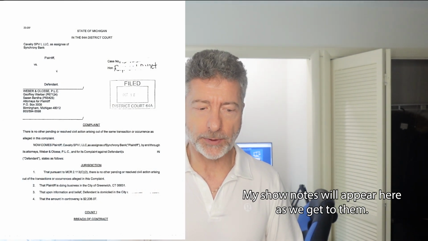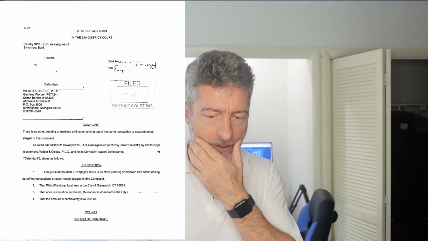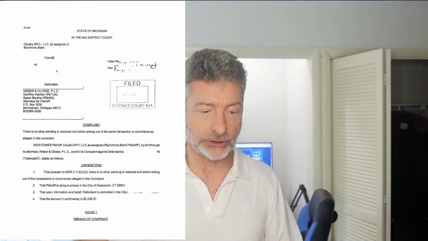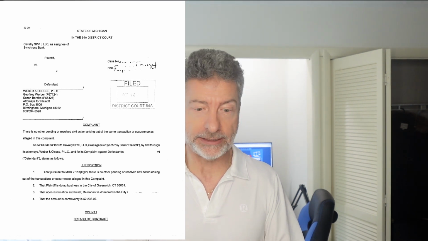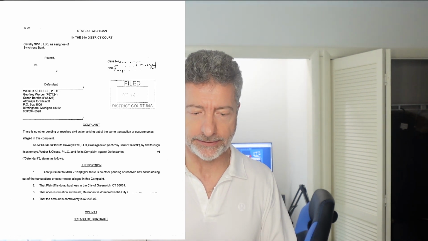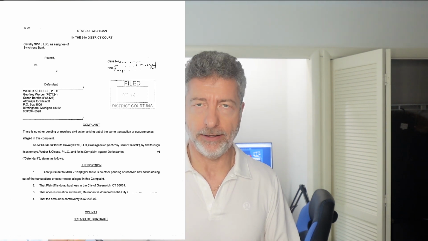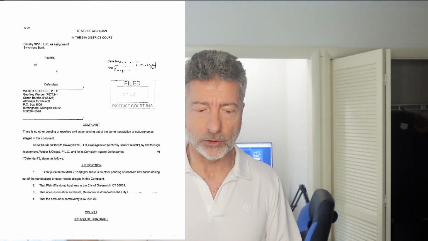Like the first paragraph of this debt buyer lawsuit, they're really not saying anything. They're just saying we're filing this civil action based on what we say is in the complaint, which says nothing. So your response is always deny, if it is true, which ultimately it is.